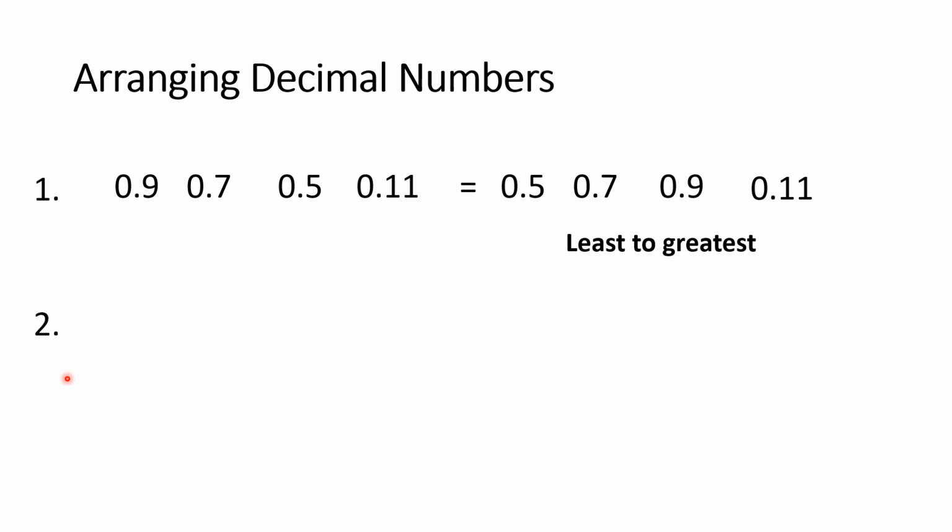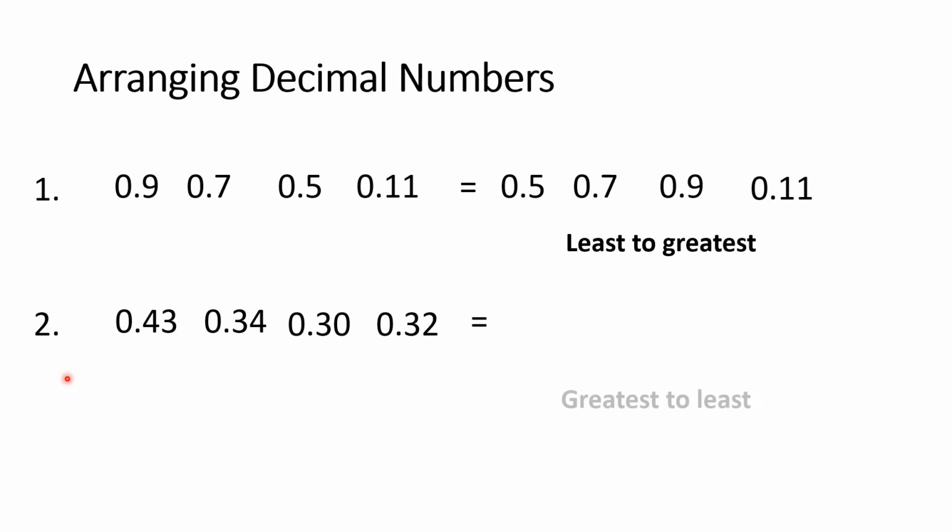Now let's proceed to example number 2. So we have 0.43, 0.34, 0.30, and 0.32. So this one, we are going to arrange it from greatest to least, or start tayo sa biggest to the smallest decimal number.